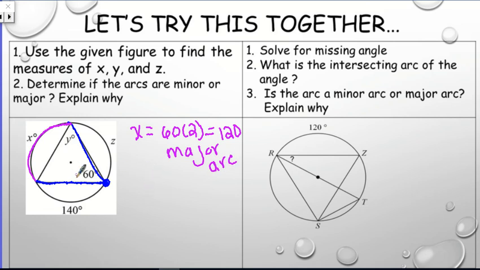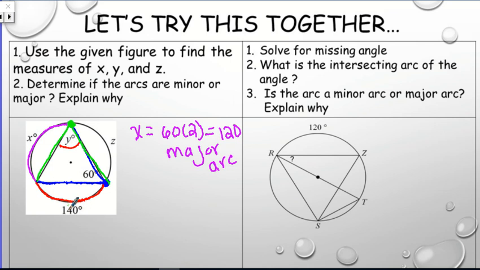Alright, so now I need to go and find Y. So Y is an angle right here, and its intersecting arc is right here at 140. And I'm going to draw in green the inscribed angle, which is here. There is my inscribed angle.